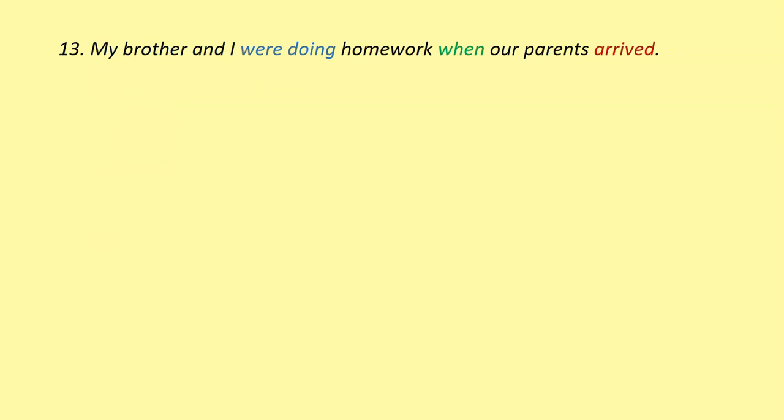Número 13. My brother and I were doing homework when our parents arrived. This is an ongoing action. We were doing homework. It's followed by the word cuando, when, that is telling you that one of these verbs should be in the preterite. This is already in the imperfect.